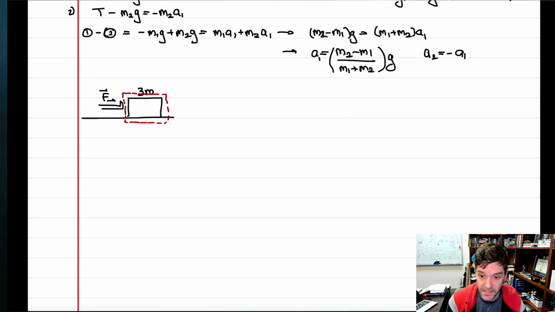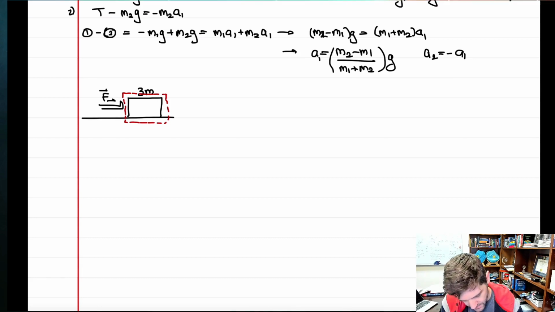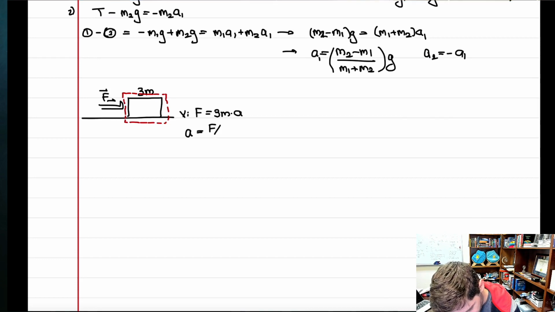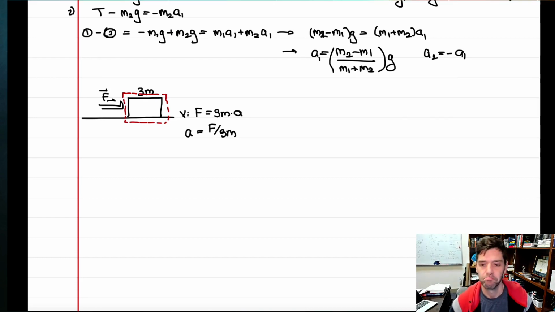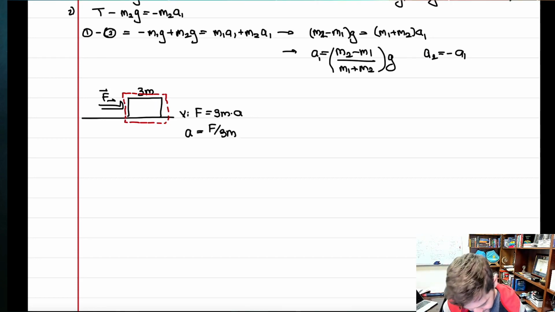This seems to just be a single object. In the horizontal direction, there's F pushing to the right, and that's it. So I expect that to be equal to 3m times the acceleration in the x direction, or that the acceleration in the x direction is going to be F divided by 3m. Pretty straightforward.